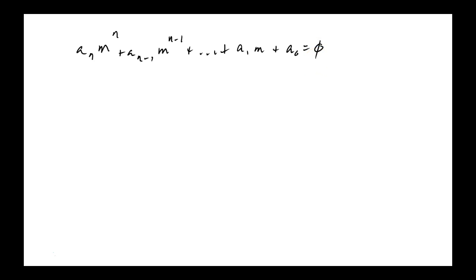And this is called the auxiliary equation. If that auxiliary equation can factor, then so will the characteristic polynomial. If that factors, the linear operator also factors.